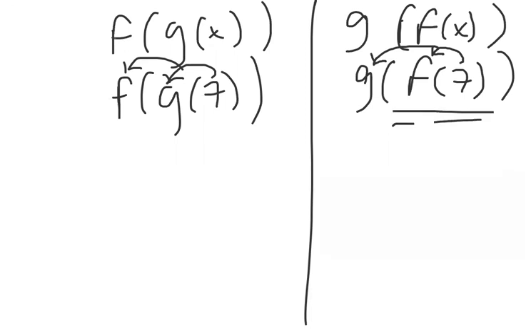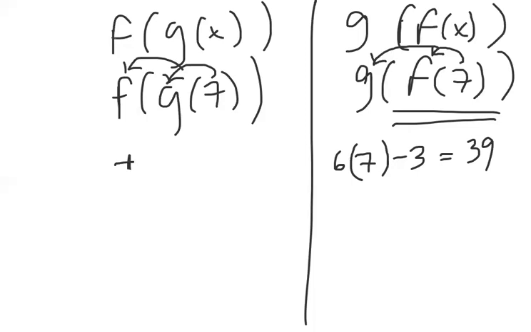Yeah, this is the one you did, Jennifer, the second one, where you did 6 times 7 minus 3. Yeah, that's the one you did. It gave you 39. The f of g of 7 should be 7 plus 3 divided by 6.